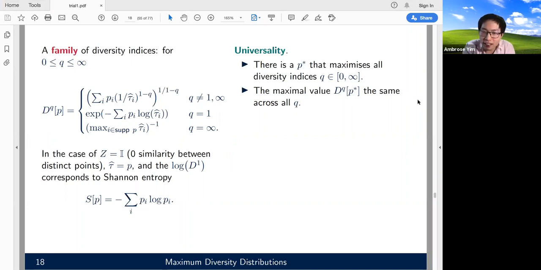This probability distribution is very intrinsic to the properties of the system. And when you compute this, you get what we previously defined as the maximal diversity, A plus. You can recover the distribution by taking the weights and dividing through by A plus, and you get back a distribution that maximizes diversity on the space.